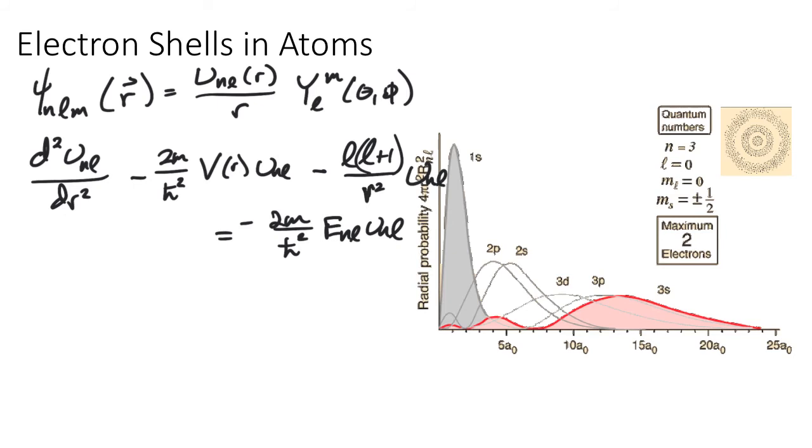And for the hydrogen atom, we want solutions where V of r is in fact of the form minus e squared over 4 pi epsilon naught r.